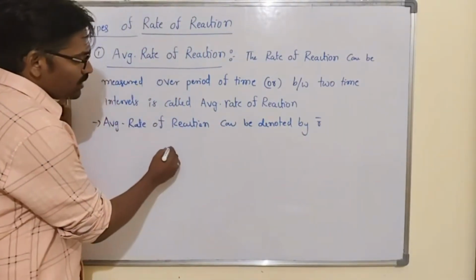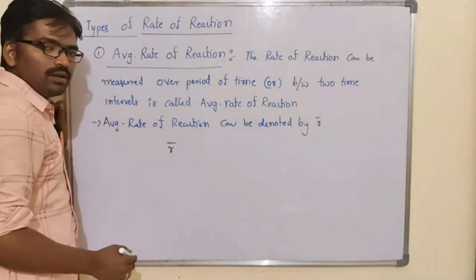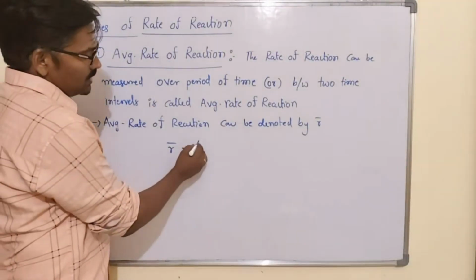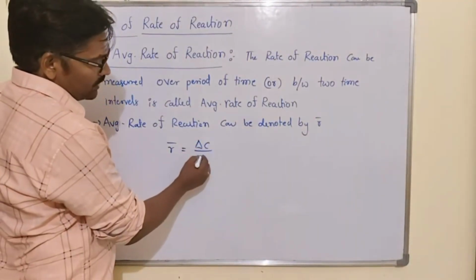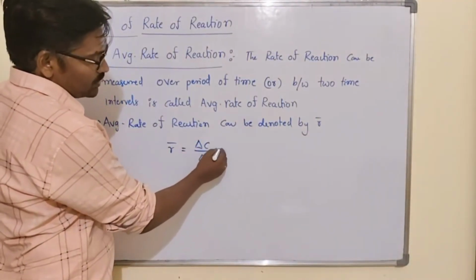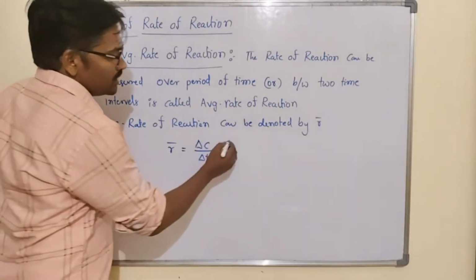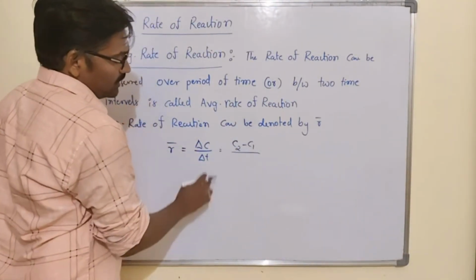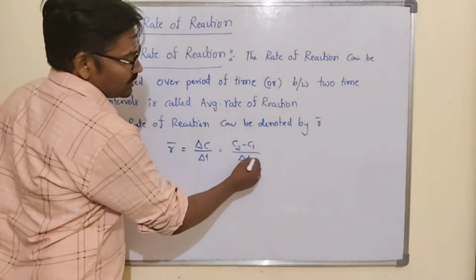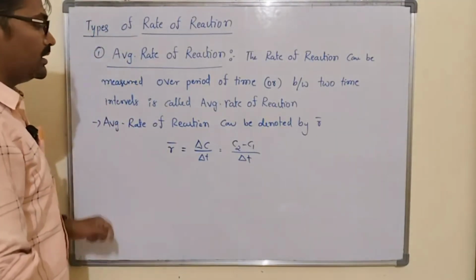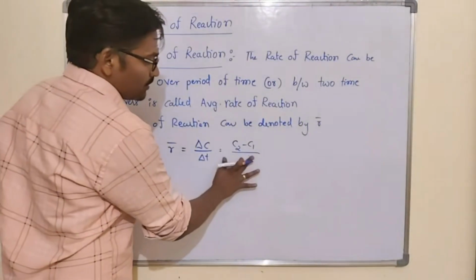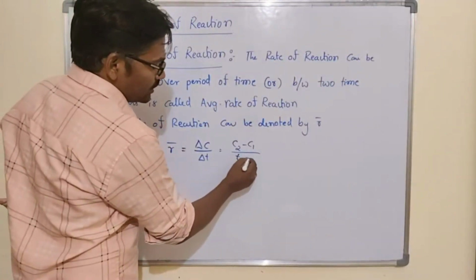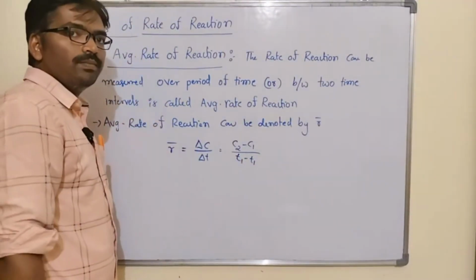See, look at R bar equals to, that is average rate of reaction equals to change in the concentration divided by change in the time. So change in the concentration, nothing but concentration C2 minus C1, divided by delta T. So that is delta T, nothing but T2 minus T1.